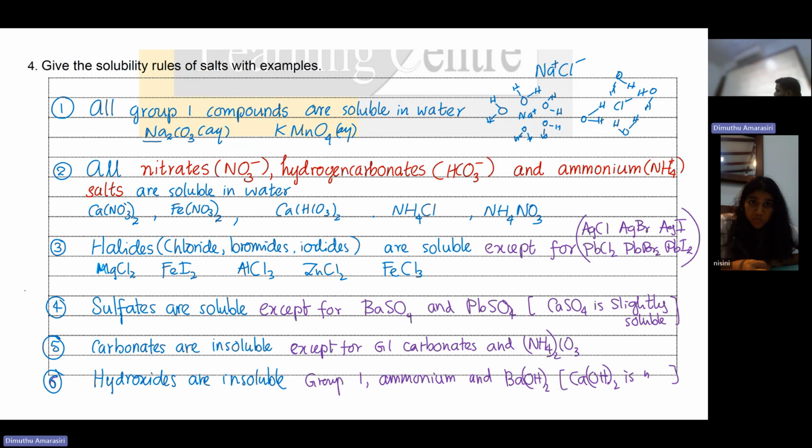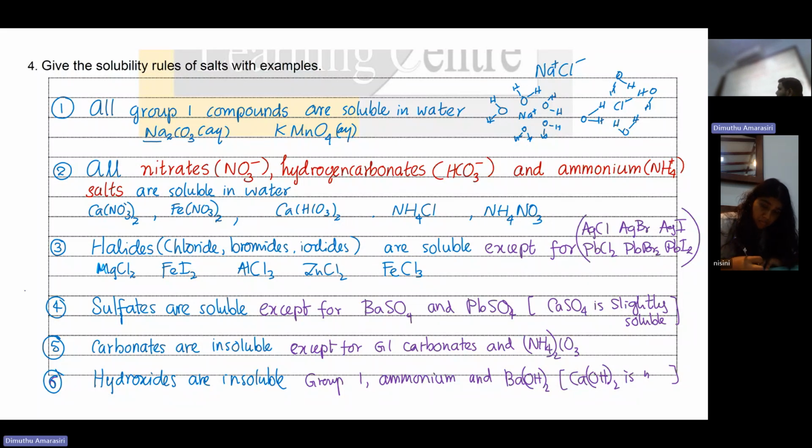Right. Now we'll come to the last two rules. Rule number 5. Now things are becoming soluble or insoluble.